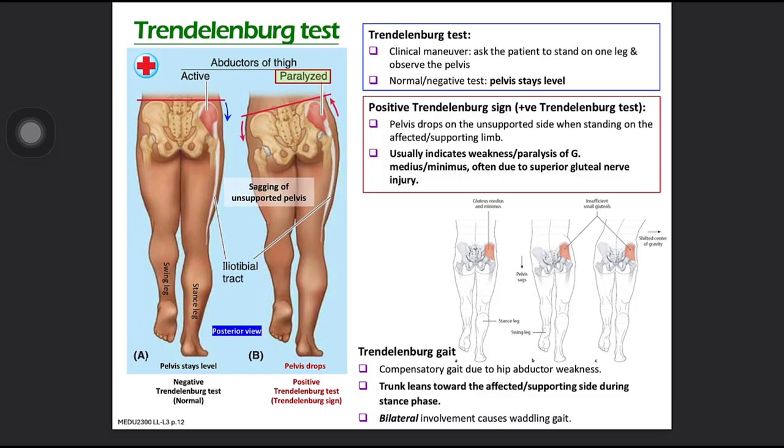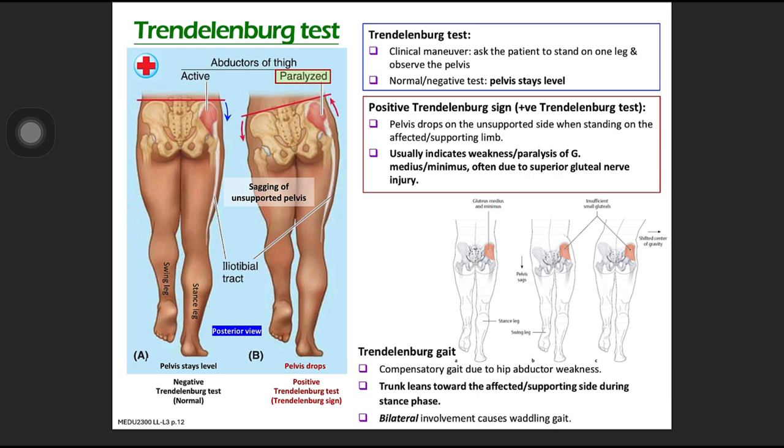So this is called the Trendelenburg test. You ask the patient to stand on one leg and observe the pelvis. Whether it is normal or negative, you see a horizontal level.